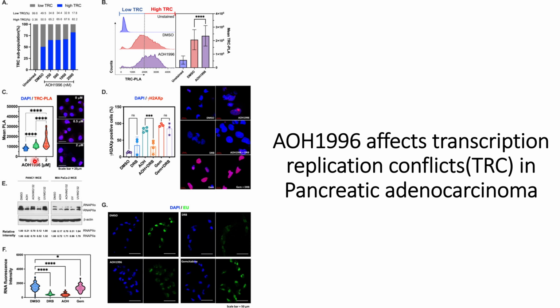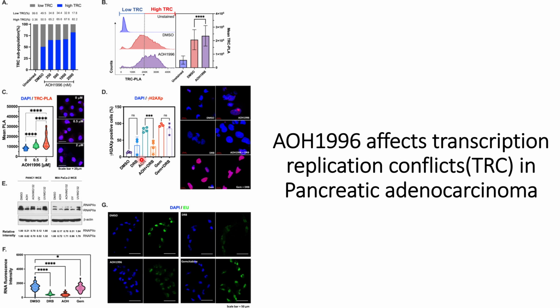Now they checked the DNA damage in those cells using gamma H2AX, and in this case they also used transcription inhibitors as a control. In the control case, when there is only DMSO, they see minimal DNA damage, and when they use the transcription inhibitors, the DNA damage is slightly increased.